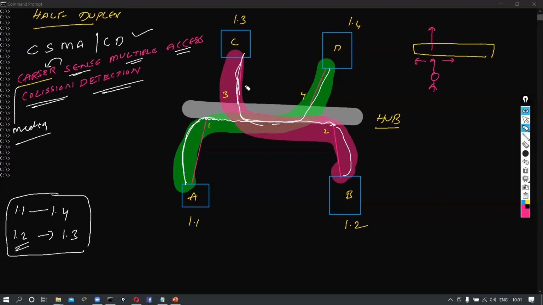But nowadays we are not using any hubs. It was just a scenario of how it minimizes collisions before any collision occurs. Clear? This is all about CSMA/CD, and time is almost 10 o'clock.